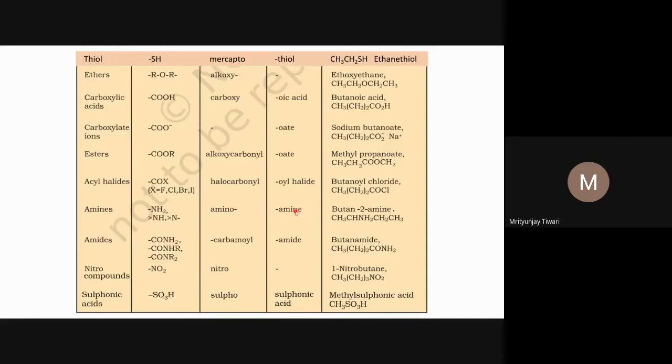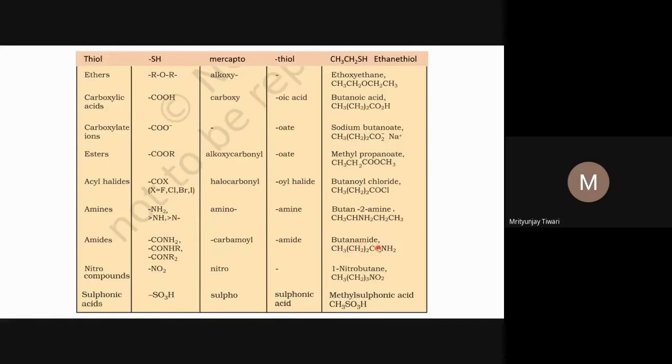As we have seen, amine is used for primary, secondary, tertiary, all the amines. Similarly, we use amide for all the amides, and carbamoyl as a prefix for the amide group. We use the prefix when this functional group is not the principal functional group of the organic compound, meaning in that organic compound there is another functional group which is more reactive than this one.